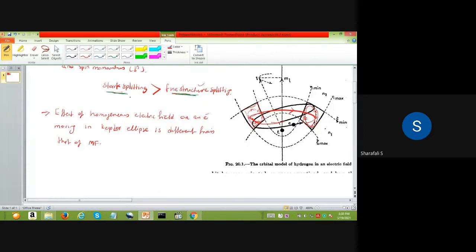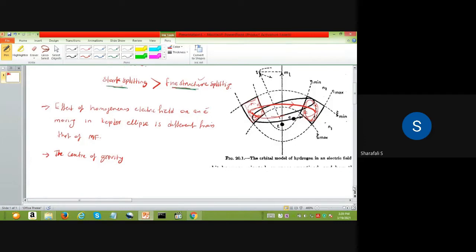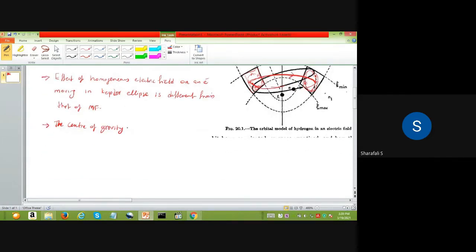Okay. So for this particular case, the center of gravity, or the center of mass, center of gravity means the center of that particular electron orbit in each case, which will be different for each case. That is the center of gravity, the center of that orbital motion of that electron.